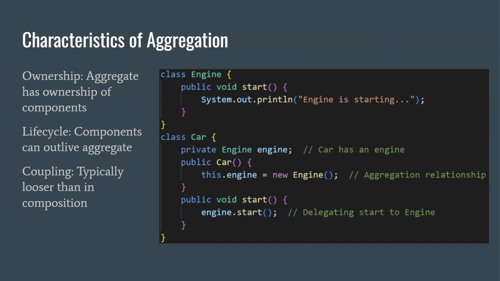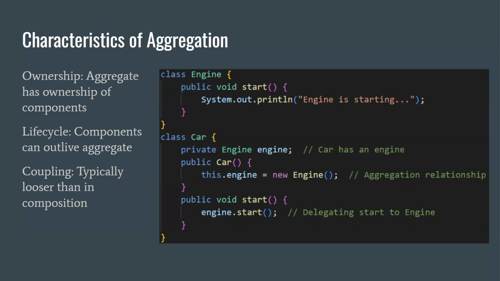So let's look at this example. We have an Engine class. Engine class has a start method, and we have a Car class. Car class will have a constructor that will instantiate a new engine object and assign it to the car's private variable engine.